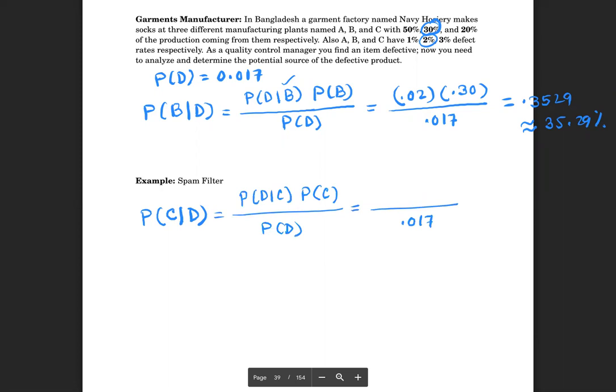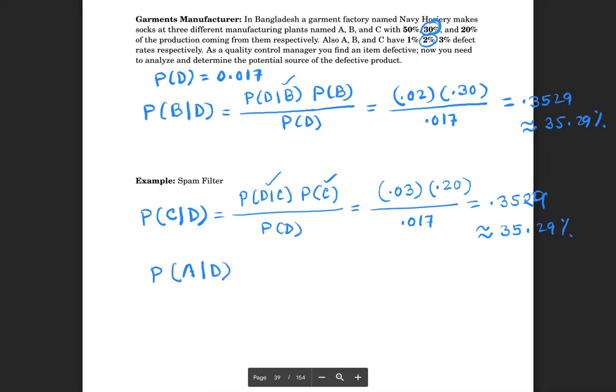On the top, there's a 3% chance that if C makes it, it is defective, and there's a 20% chance that the product is made at C. If you do the math, it is also 0.3529, or approximately 35.29% chance.